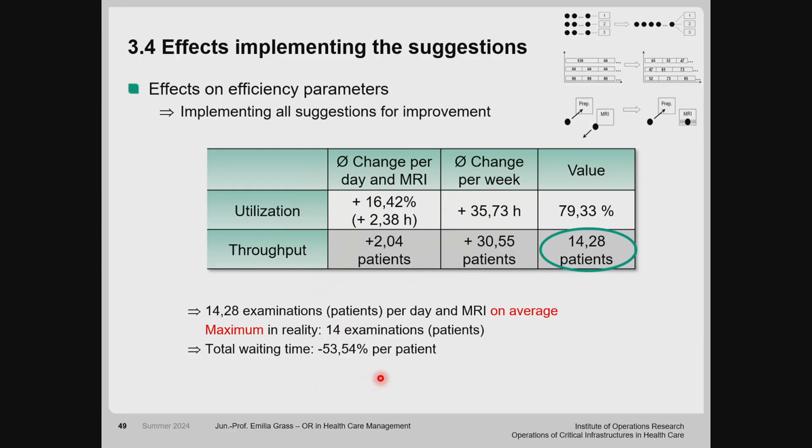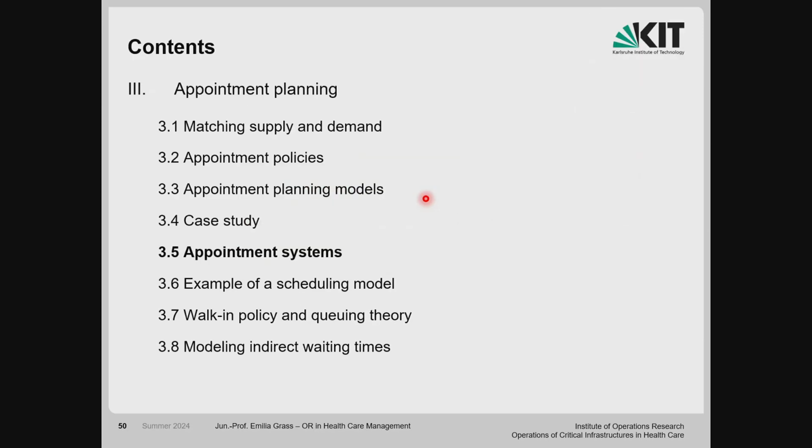Okay, that means we have less LOS, less length of stay, because we could, for instance, do the surgeries earlier or on time. We have, through the higher utilization, less idle times, because we use the MRI scanners more than before. Okay. So they really like that.